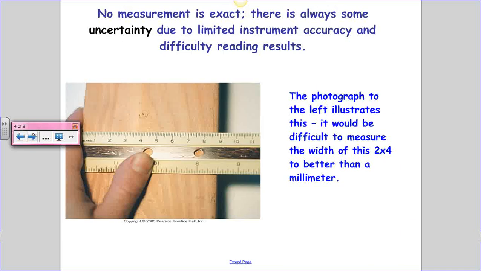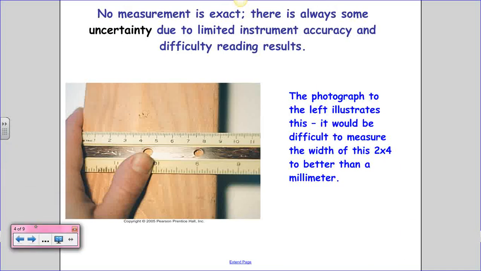When we make measurements, we are human beings, and our measurements are only as good as the tools that we're using. So no measurement is ever going to be exact. There's always some uncertainty, and that's due to limited instrument accuracy, right? So, for example, we have this block of wood, and we can measure how long it is.